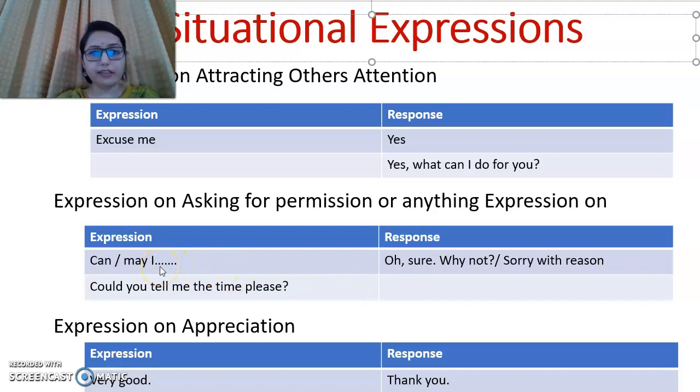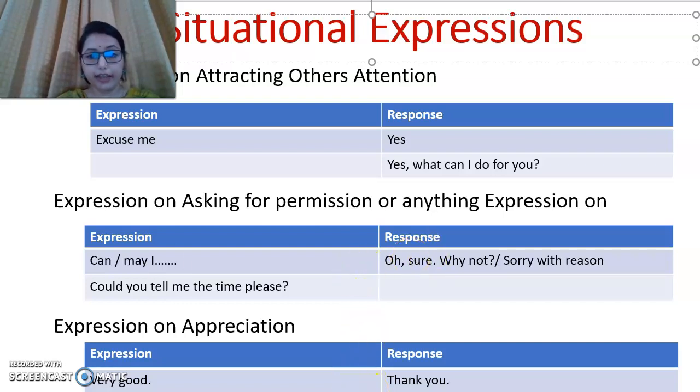Oh sure, yes, you come, why not? Or if the response is negative, it will be sorry. Then you will also have to say the reason: sorry, actually no, I cannot give you this because I need this. There must be a reason. So in this way you'll have to write this.